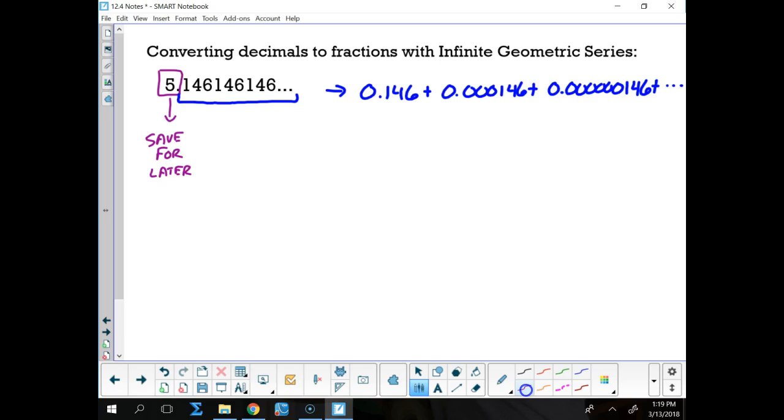Second question is, what is the R value? 1 over 1,000?